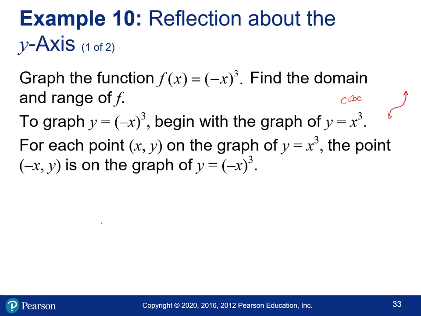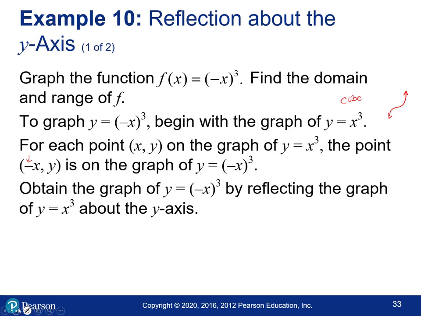Okay, so every point on that original graph, notice what's changed. Your x is now negative, and that's getting cubed. So all of the x values, what was positive is negative, and if they were negative to start with, then the negative that we're adding is going to make them positive. So pretty much they're all going to flip. Okay, so they're going to reflect about the y-axis.